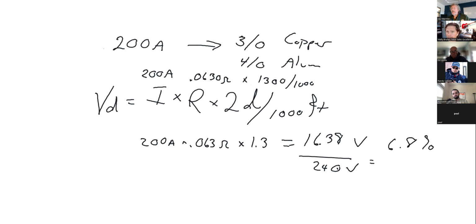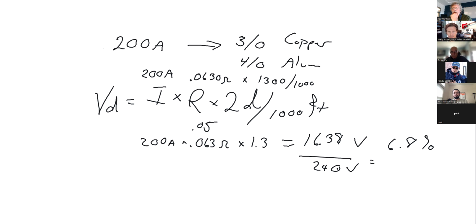Now the grid is operational only at plus or minus 6%. So you're probably going to have to go with the 4-aught copper, which is 0.05 resistance per 1,000 feet.